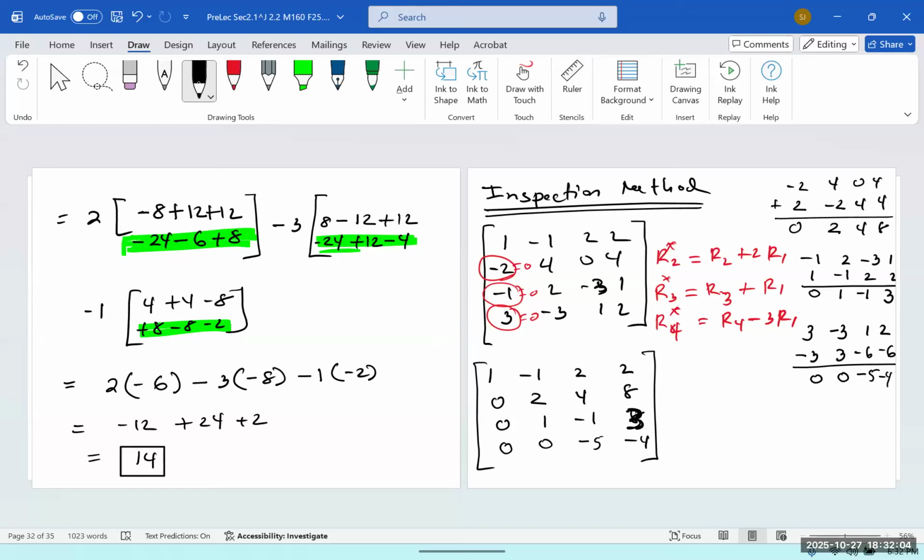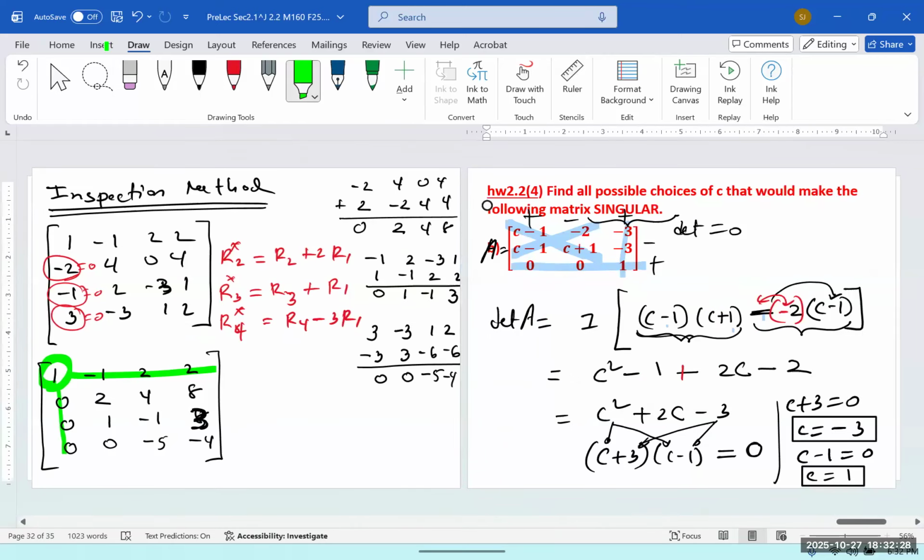And now if you want, you can make this 0. Or if you don't want, you can leave it alone. Let me just leave it alone. I'm going to use a 3 by 3 matrix. So the inspection says use this, so don't use this column or this row.